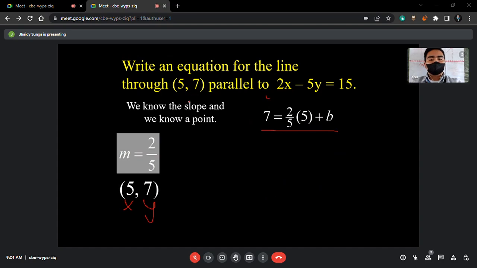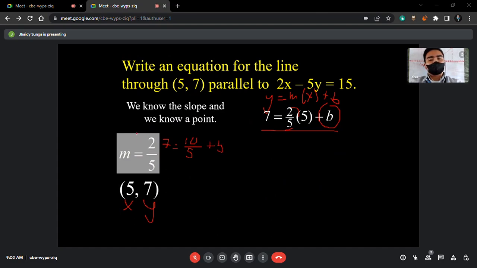So it's y is equal to mx plus b. From here, your m is 2/5, that's why it becomes 2/5. Now we solve for your b because you don't have b yet. If we multiply 5 by 2/5, it becomes 10 over 5, and this will be 7 plus 2.